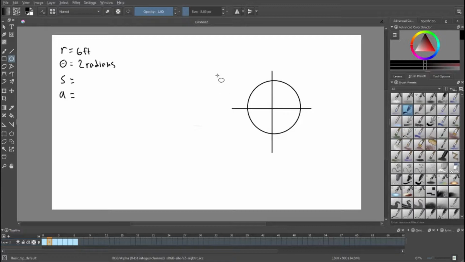Okay, so this is our circle. So we know that the radius is 6 feet, and we're trying to find the arc length of this angle.